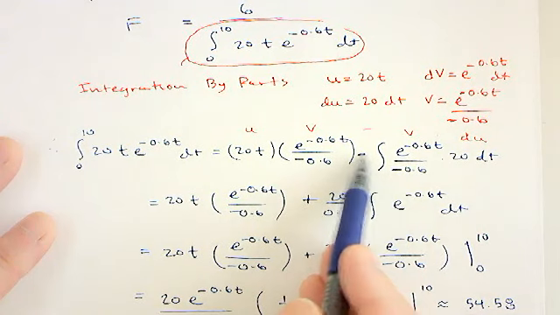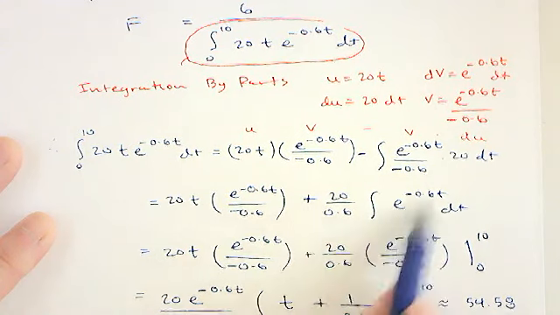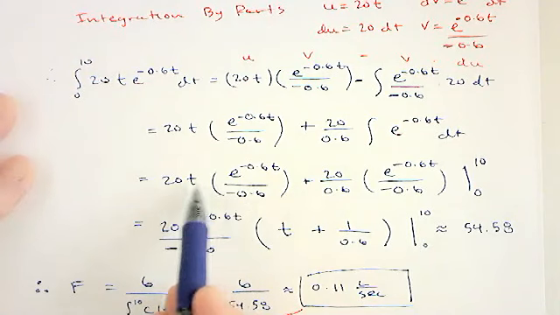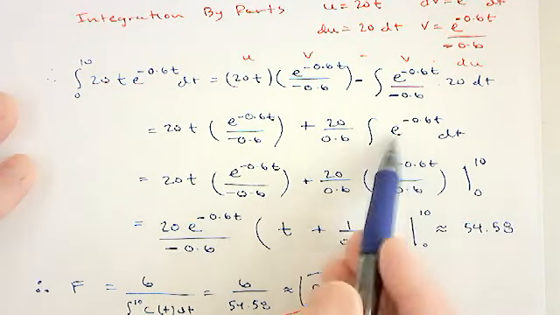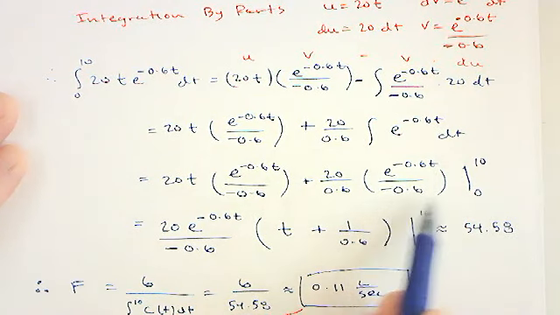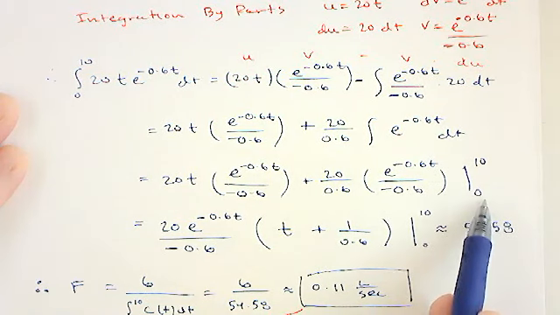If I pull that out and there's already a negative there, this will now be positive, leaving me with just e to the negative 0.6t. That I just left there. We've already integrated that, e to the negative 0.6t divided by negative 0.6. Once I've done my entire integral, I need to evaluate that from 10 to 0.